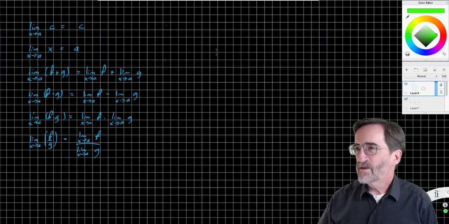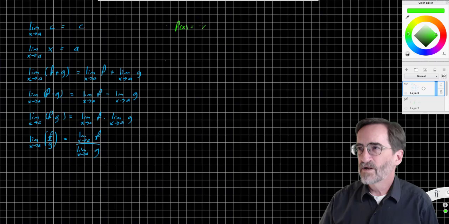Let's say f of x equals x squared and g of x equals x plus 5.